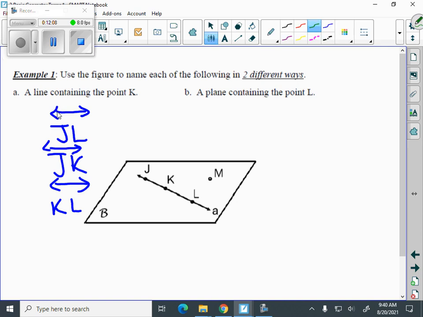When we look at letter B here, a plane containing the point L. Well, here I want to point out that there is a B in the corner of this plane. So we can say plane B, or we can name the plane, but the plane has to be with 3 non-collinear points.